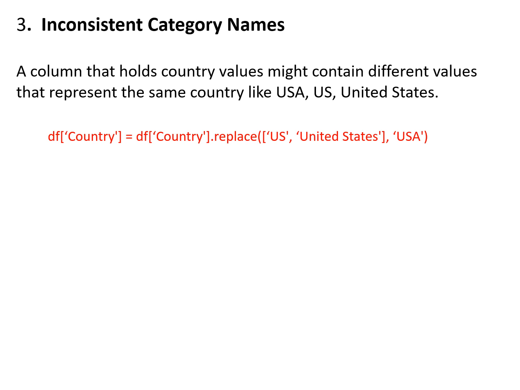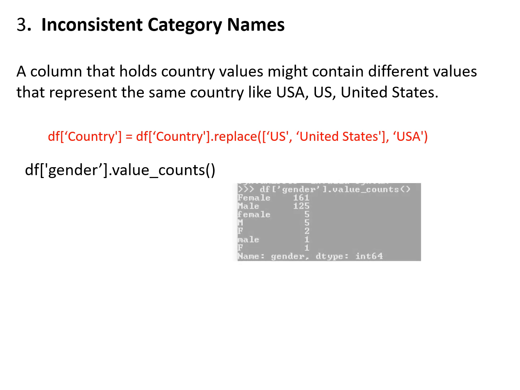So we mention the column and then say dot replace, and then inside the square brackets we list as many as we need, the different values that we want to get rid of, and then after that we have a comma, and then we put the actual value that you want to replace all of those with, and that will do the replacement.